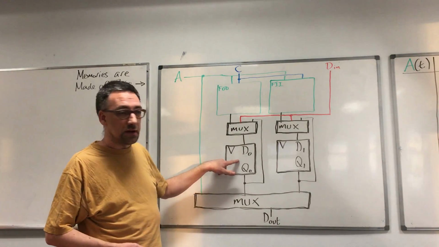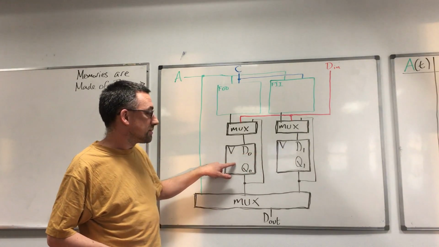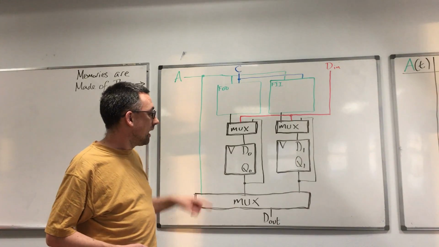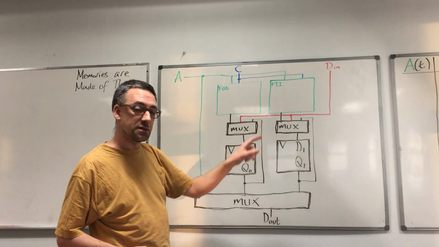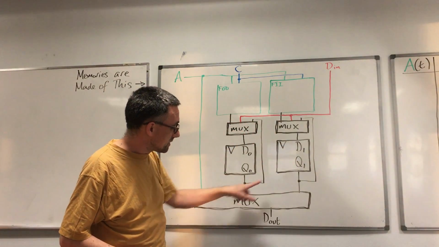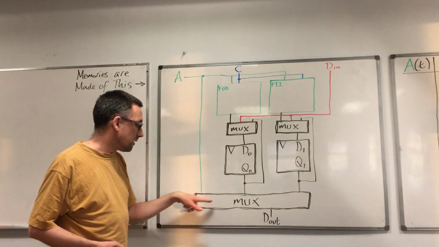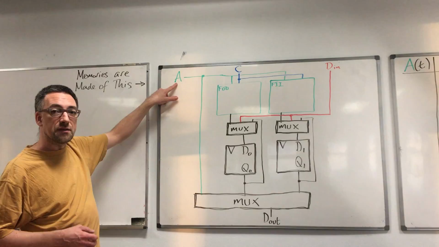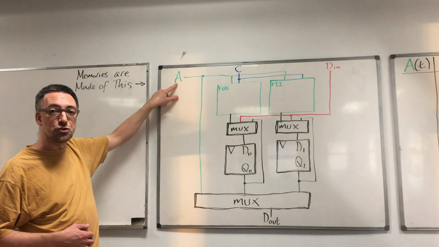At the heart of the circuit are 2 D flip-flops. They're both connected to the system clock, and each of them is controlled by a mux. Also, their outputs feed into a mux. What's controlling the output mux? Well, this signal A, which stands for address.